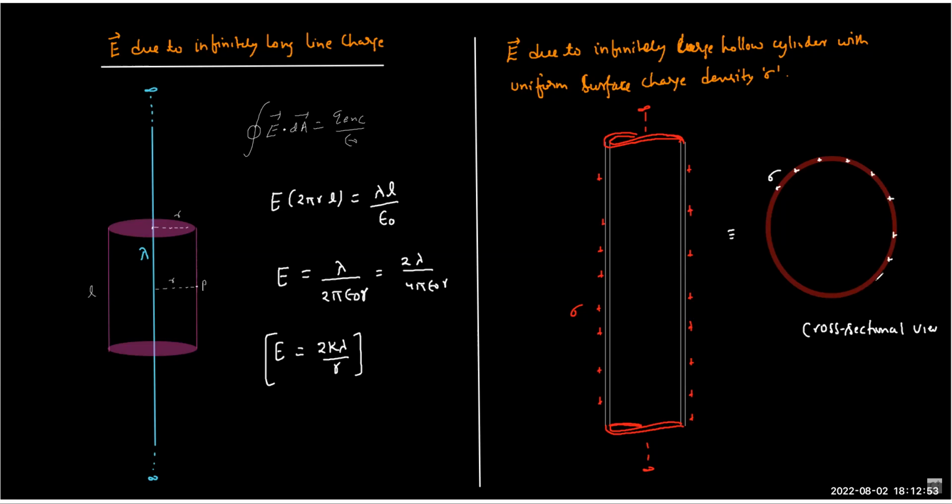You have to find the electric field inside as well as outside. So find E when r is less than R and r is more than or equal to capital R. Capital R is the radius of the outer circle where the charge is residing.